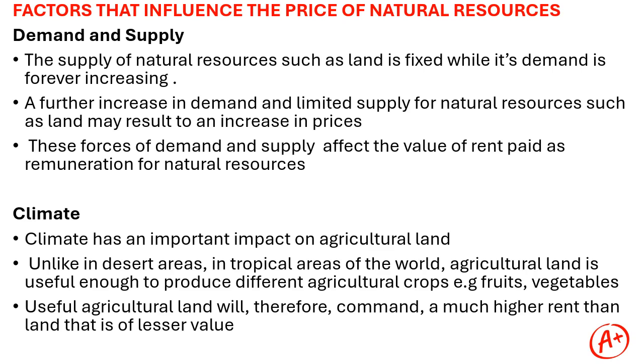So that is how the climate as well as demand and supply influence the prices of natural resources, meaning this is how these two factors influence an increase or decrease in rent for natural resources. If there are any questions, please do forward them for discussion. Are we still together before we proceed?